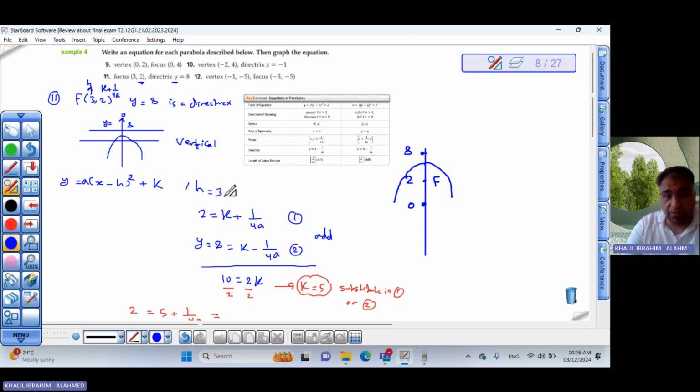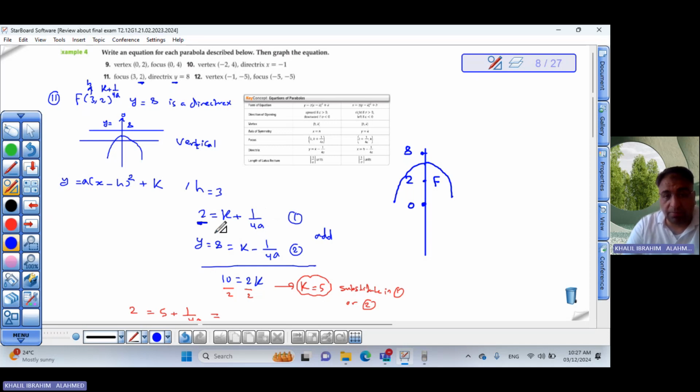So h equals 3. Okay, we need k. How to find k? From the focus. The focus here is h, k plus 1 over 4a. Y for the focus equals 2. This is 2, as you see here. This equals k plus 1 over 4a.